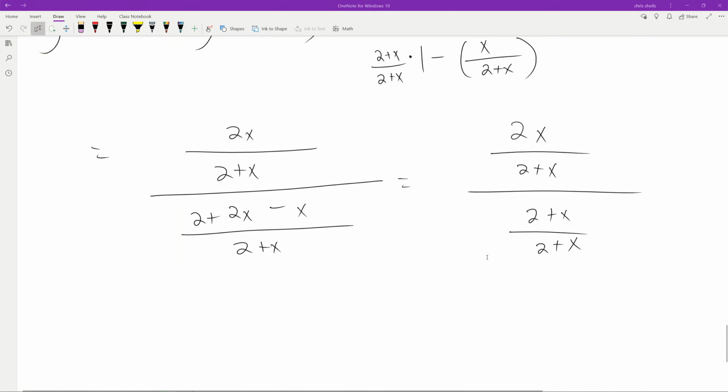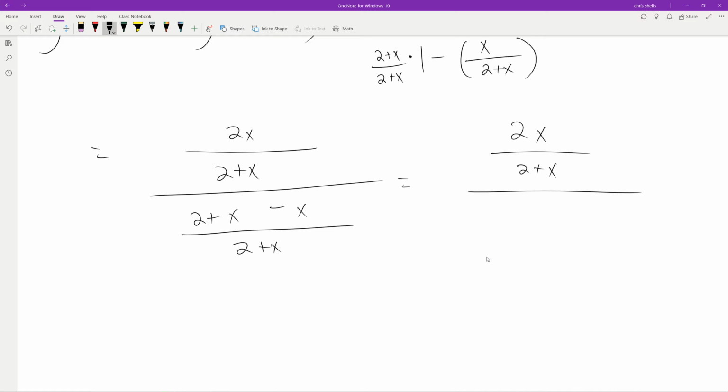Okay. I made a mistake whenever I did this multiplication. That's my bad. Up here, 2 plus x times 1, that's 2 plus x, right? Okay. There we go. See, even I can make a careless error here if I'm trying to rush through this too quickly.